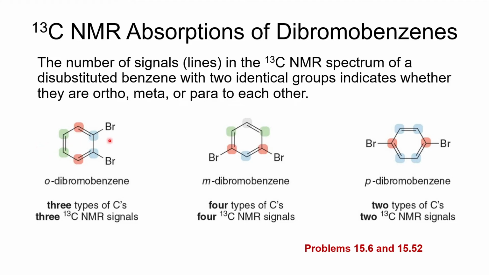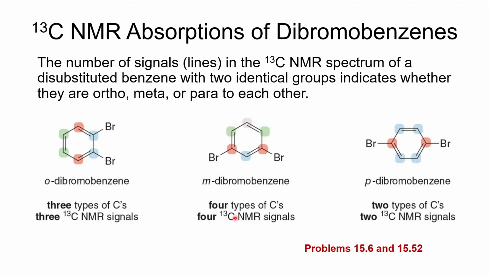Remember, if you can put a plane of symmetry through it, like you do with this one, then that means the things that are opposite each other are identical. With the meta-dibromobenzene, we'll find that, again, the two carbons bearing the bromines are identical. These two carbons, the two green ones here, are identical. But then this carbon that's between the two bromines is unique. And this carbon out here that is furthest away from the two bromines is also unique.